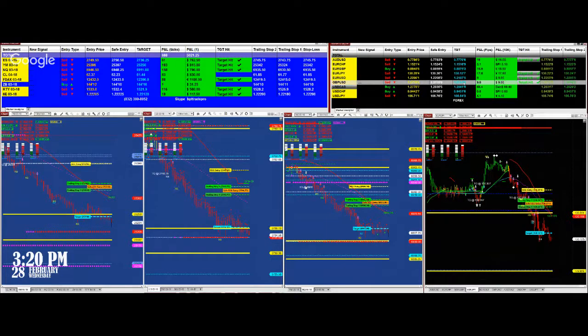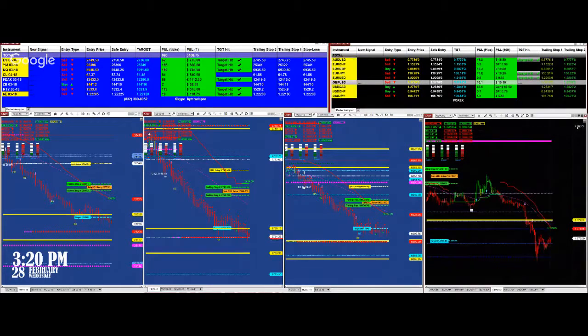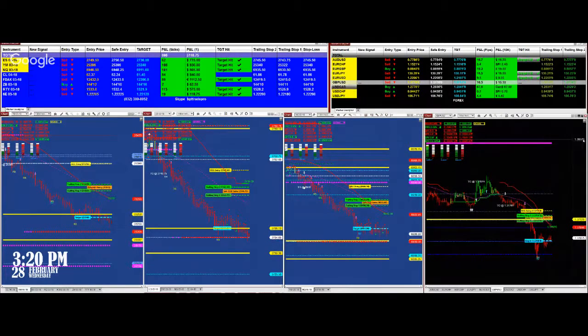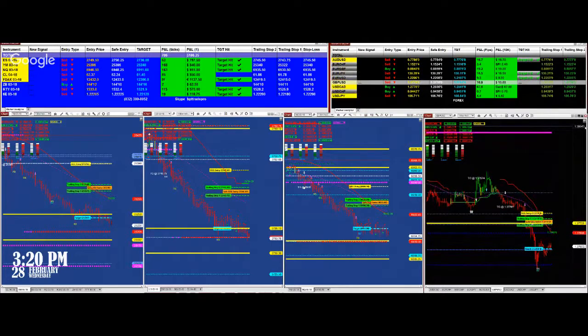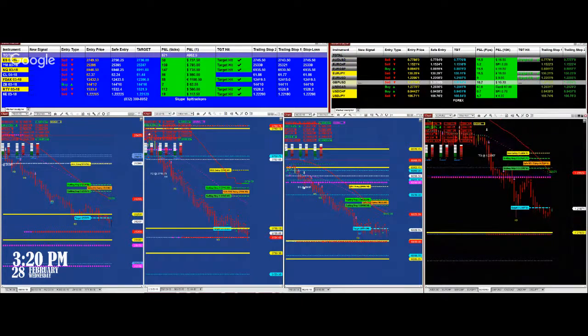And then we have the British pound. Let's look at the British pound. Actually, the British pound has very good movement in this currency. We hit the target. And let's go back to the euro because we have the 6E here.